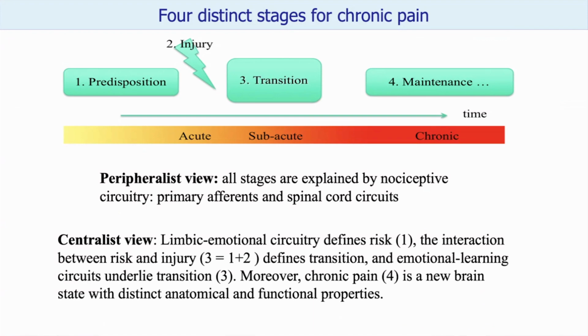And that interaction, the properties of that circuitry, together with the injury event, their sum, 1 plus 2, creates the properties of the transition, where the emotional learning circuitry now defines the pathway, whether to transition into a chronic pain state or into recovery.